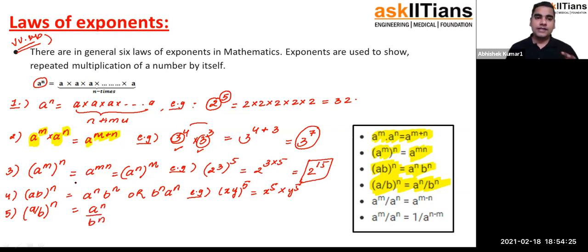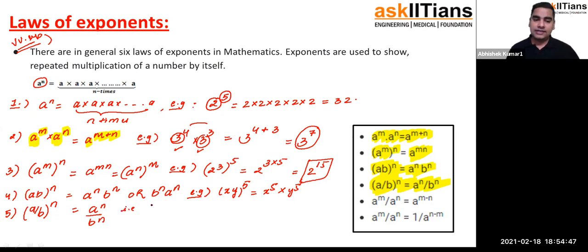Okay. That means you can always separate the powers with the numerator and denominator. The answer which you will be getting after calculating (a upon b) whole raised to the power n, and after calculating a raised to the power n divided by b raised to the power n, both are going to give you the exact same value.